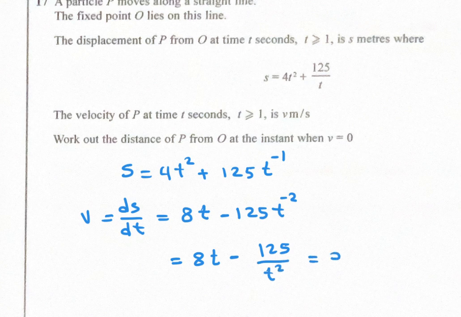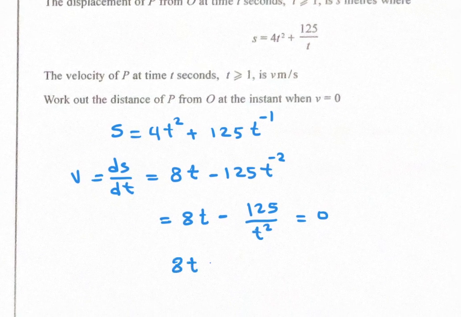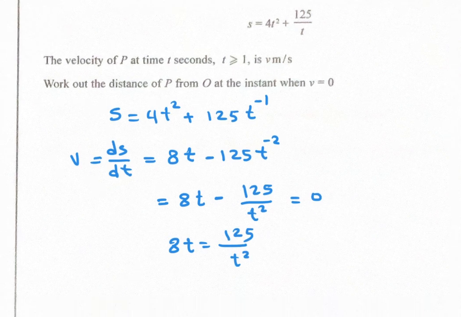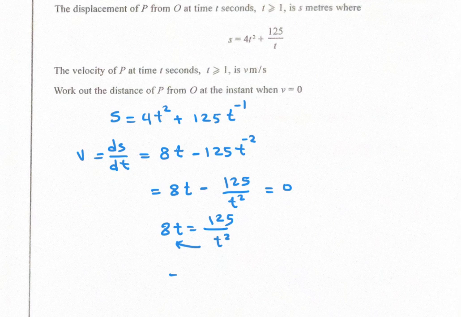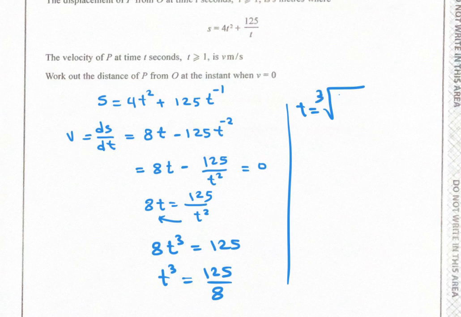Now equate the velocity to 0 to find the time. So 8t equals 125 over t power 2. Cross multiply. So 8t power 3 equals 125. So t power 3 equals 125 over 8. To find t, cube root of 125 over 8 equals 2.5.